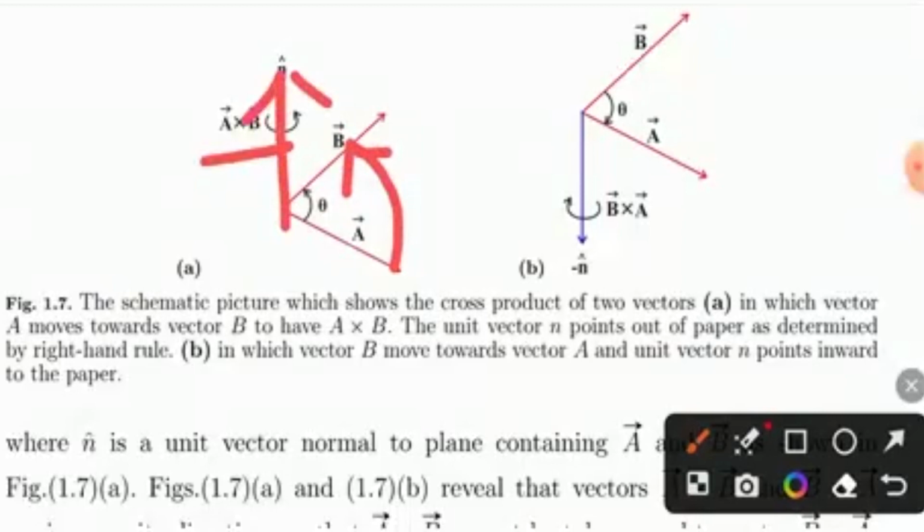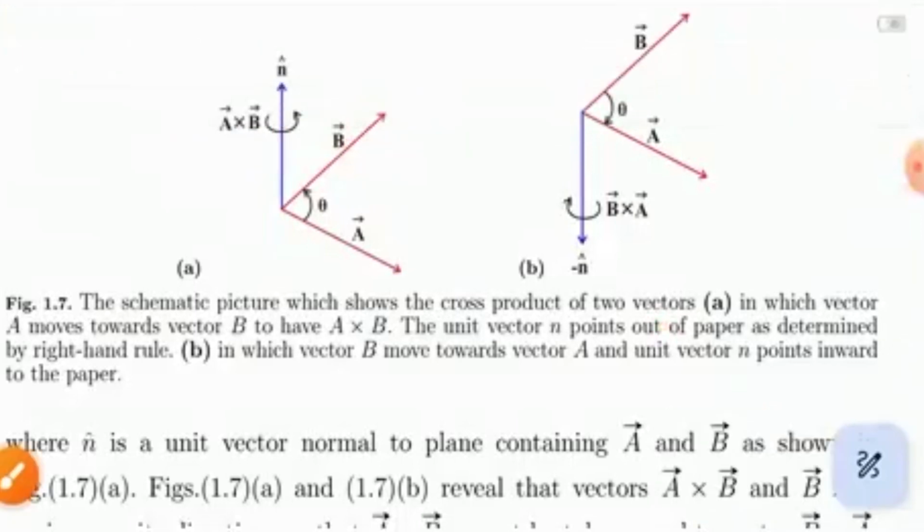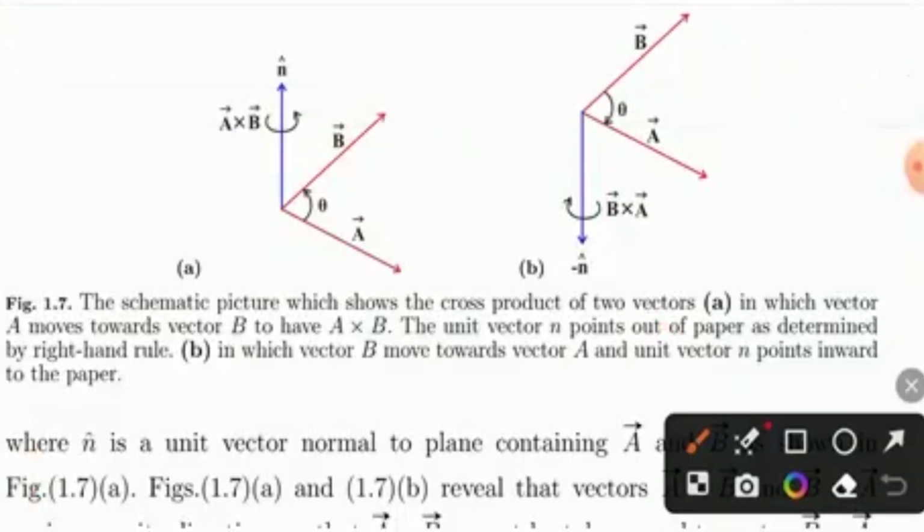And if we turn it the other way around and multiply vector B with the vector A, then what will happen? If we multiply vector B with the vector A in the opposite direction, we can write the product as B cross A. Now the third vector will generate in the downward direction, representing the normal unit vector.